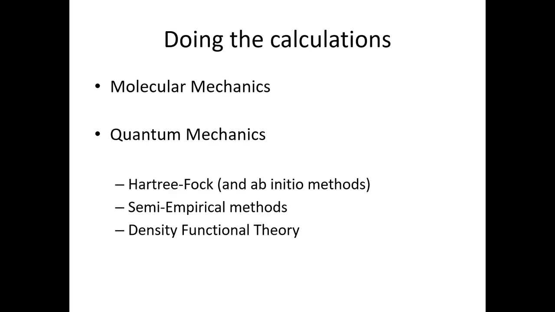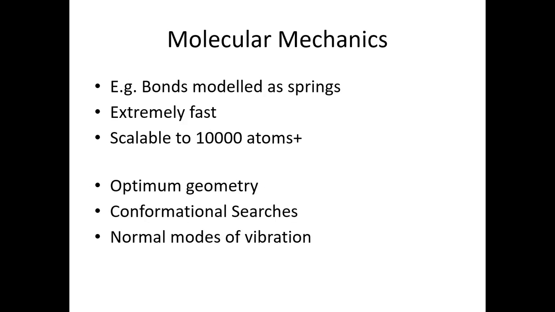Now, in terms of molecular mechanics, bonds are modeled using functions that treat them as springs, and of course calculating the energy of the spring is simply dependent on the length of the spring, or how far it's been stretched, and so that calculation is extremely fast.